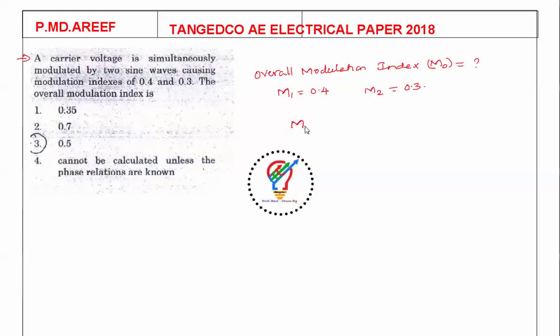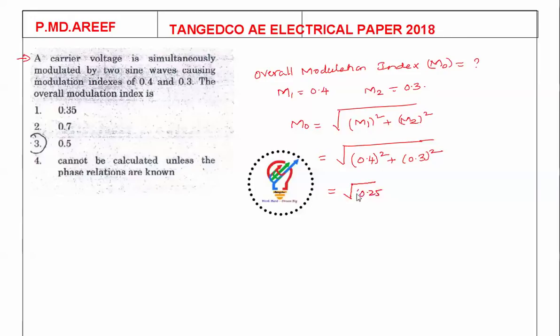The formula for the overall modulation index is m naught equal to square root of m1 square plus m2 square. So 0.4 whole square plus 0.3 whole square. From this we get the square root of 0.25, which is nothing but 0.5 modulation index finally.